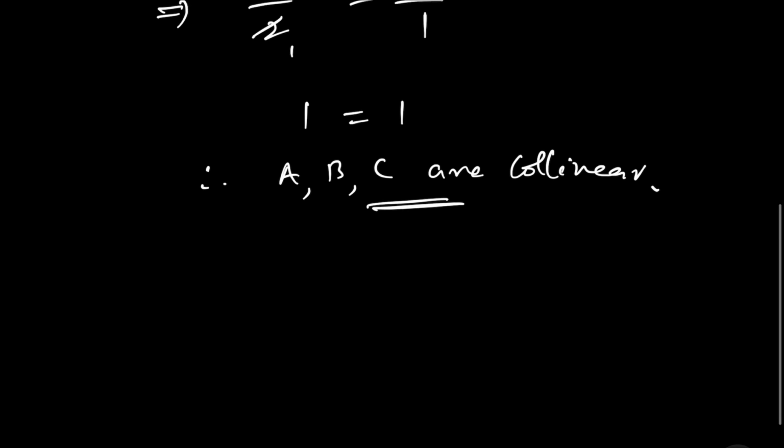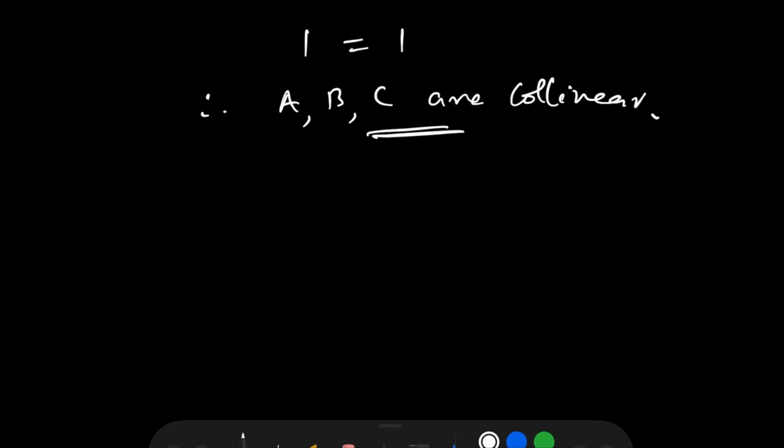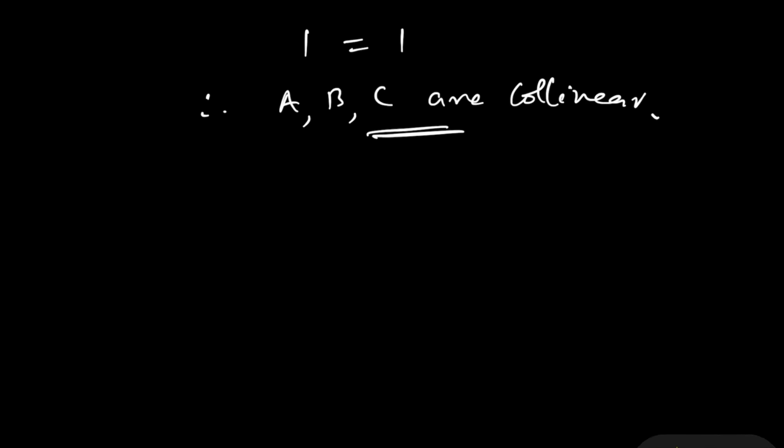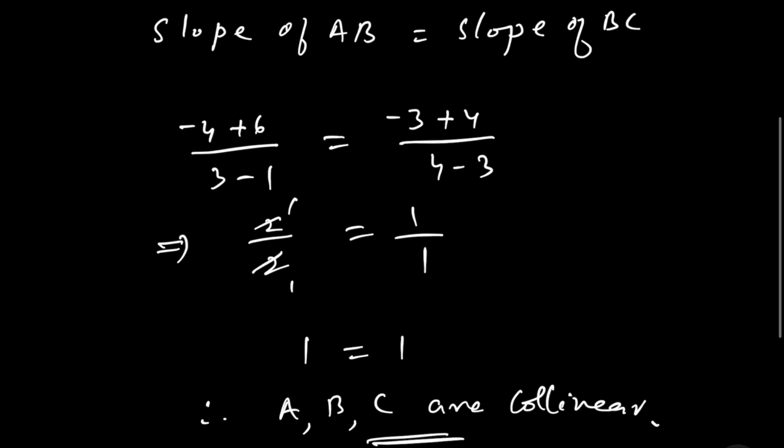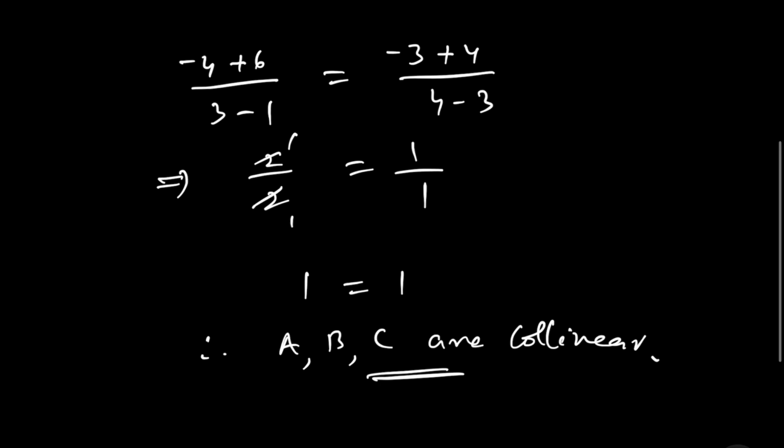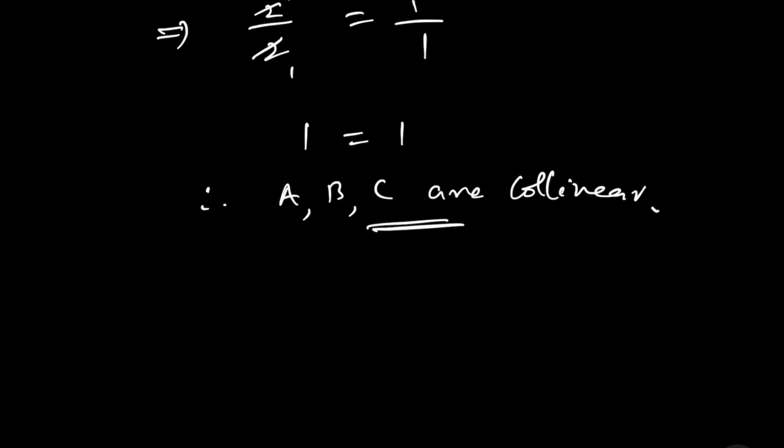Now we shall adopt the second method. In the second method, if A, B, C are collinear, we find out lengths AB, BC, AC. If the lengths of two sides sum to the third side, then they are said to be collinear.